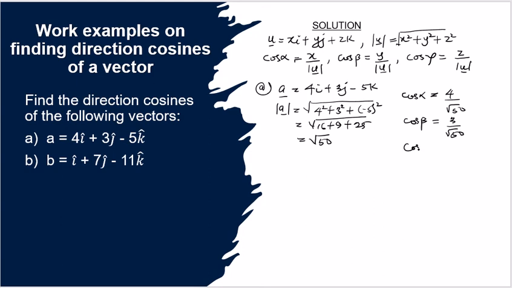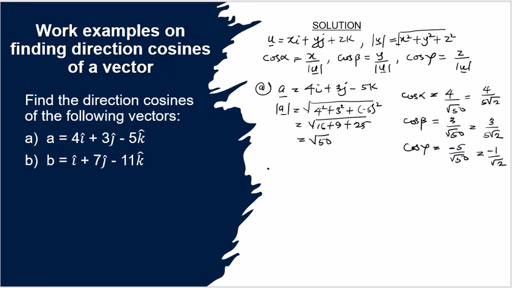Then the direction cosine of the unit vector along the z-axis is cos gamma equals minus 5 over root 50. This is basically the same as 4 over 5 root 2, then 3 over 5 root 2, while this one is the same as minus 1 over root 2.